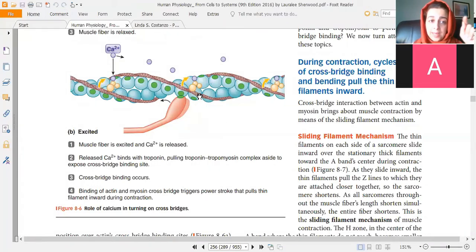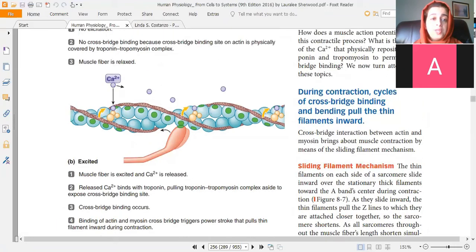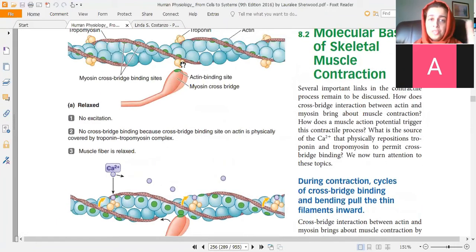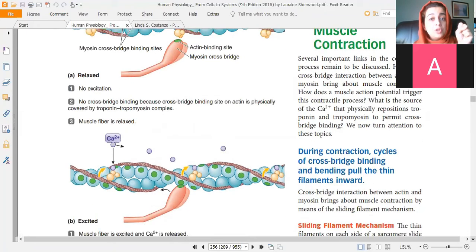That calcium binds over here, these purple dots. Calcium binds troponin. You can see the configuration of troponin has changed. Over here, it was 3 closely snuggled balls, and over here, it has become different. A configuration change has occurred.